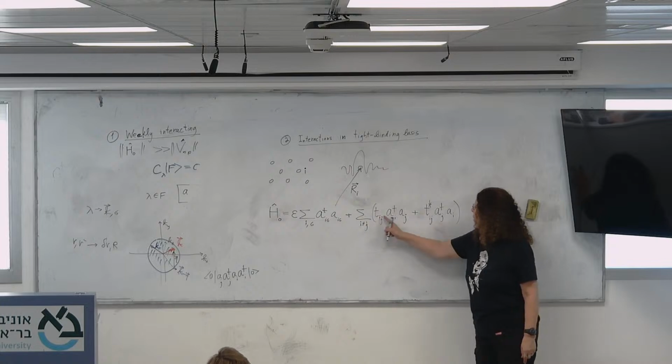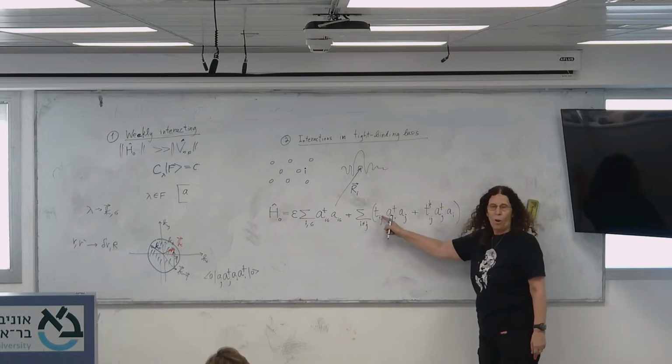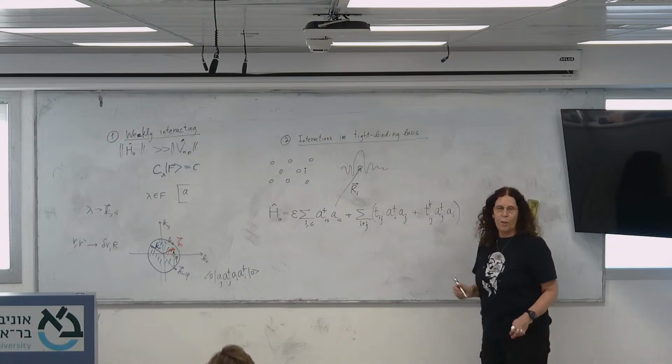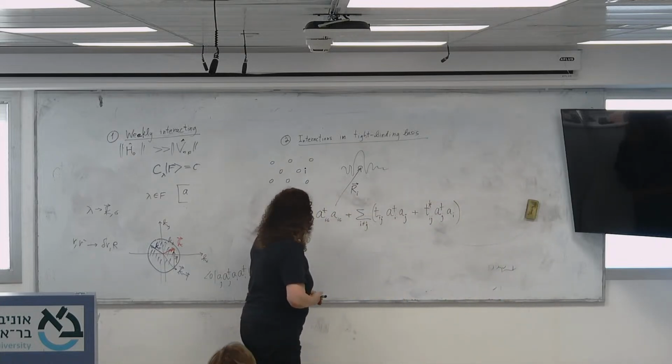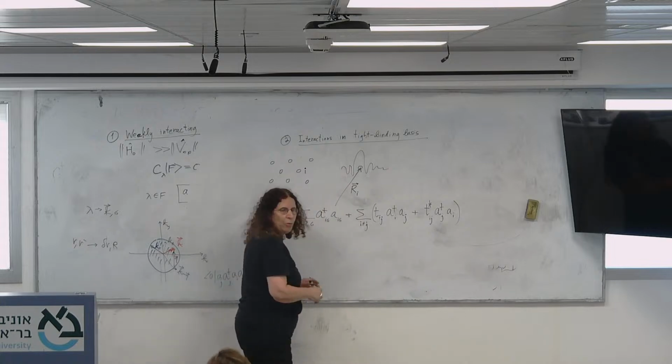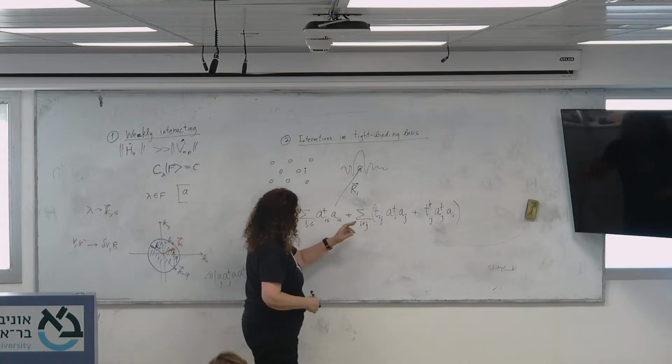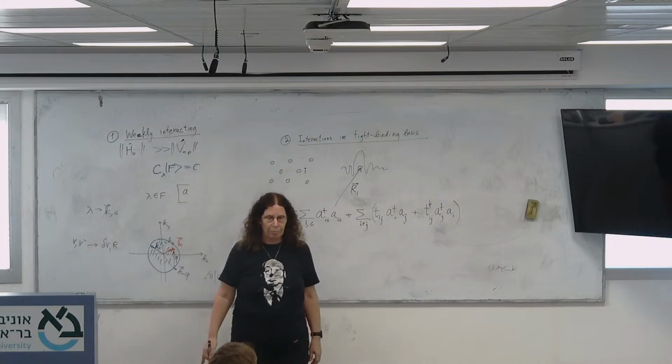And these t's can be complex numbers, because this combination is Hermitian. These are the two kinds of terms that you have, and i and j can be any two sites.